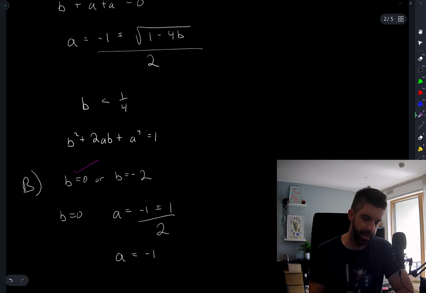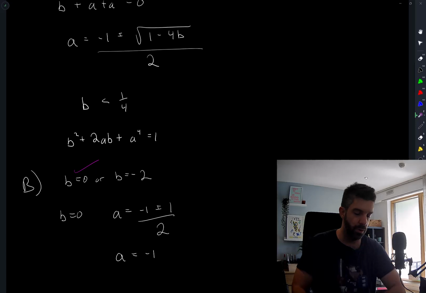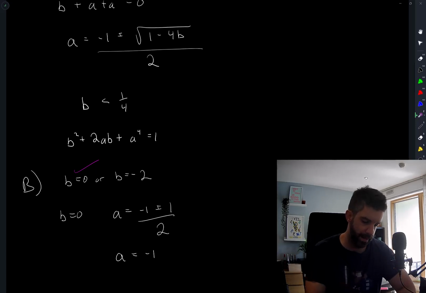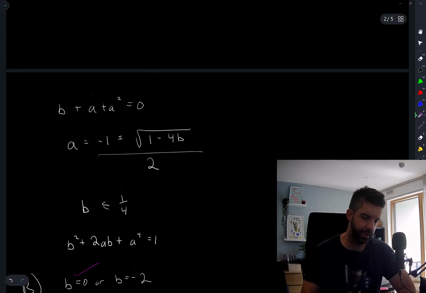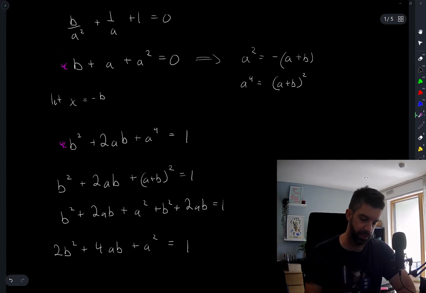I mean, the main key that I used here to find this is that b must be strictly less than 1 over 4. Well, I guess it could be equal to 1 over 4. But yeah, I don't immediately see the way of doing this directly without using process of elimination.